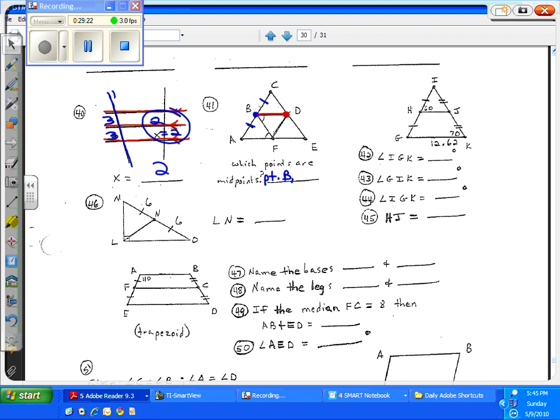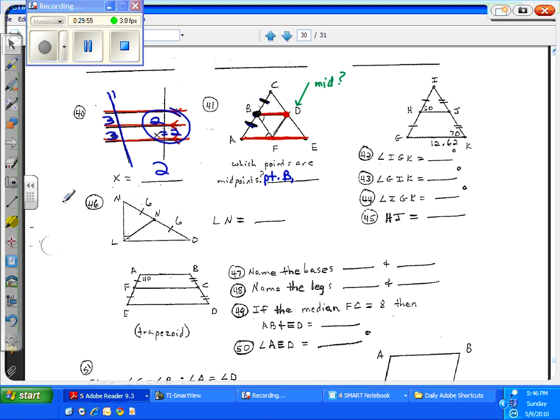If this segment, that's a segment containing D, we're going to say the theorem: if a segment hits the midpoint of one side of a triangle, and that same segment is parallel to the second side, then we could reach the conclusion that it hits the midpoint of the third side. To reach that conclusion, then, we would have to know that the segment BD is parallel to segment AE.